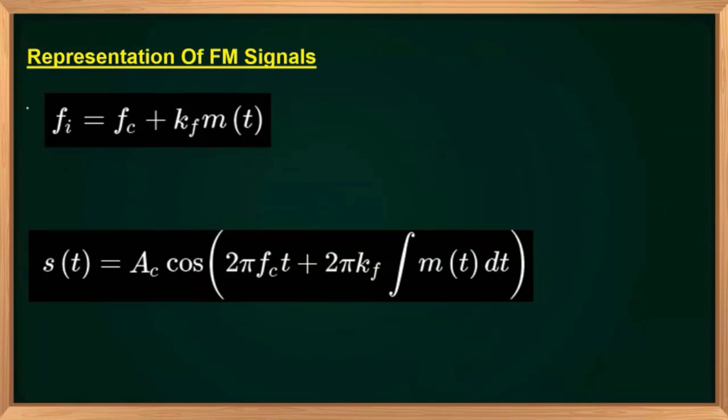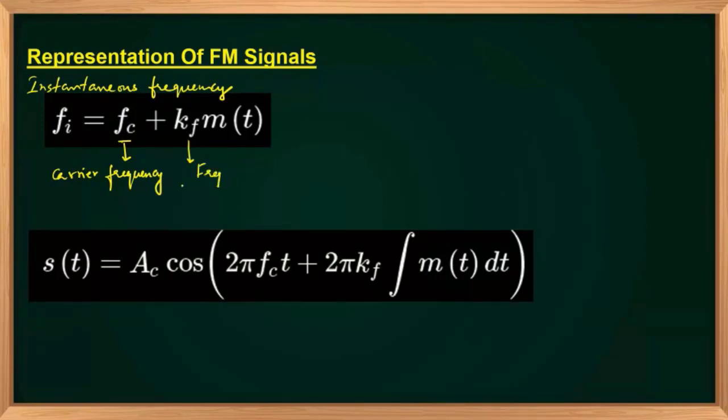So these equations are given here. fi is the instantaneous frequency of the FM wave, fc is the carrier frequency, and the parameter kf is the frequency sensitivity. We are considering single tone modulation only because of mathematical simplicity.